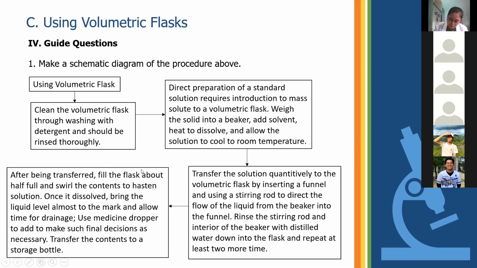Once it dissolves, bring the liquid level almost to the mark and allow time for drainage. Use a medicine dropper to make such final adjustments as necessary. Transfer the contents to a storage bottle.